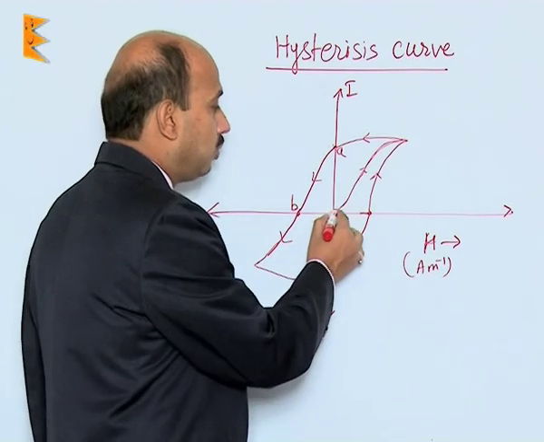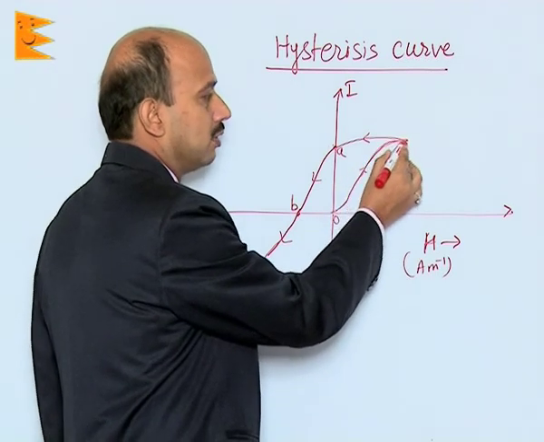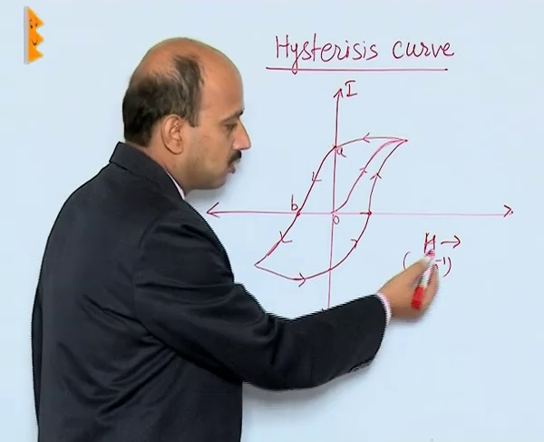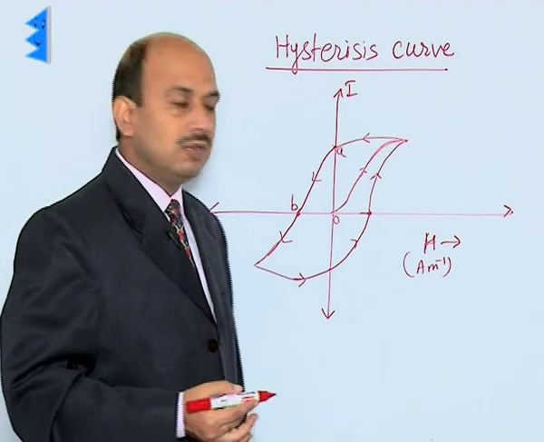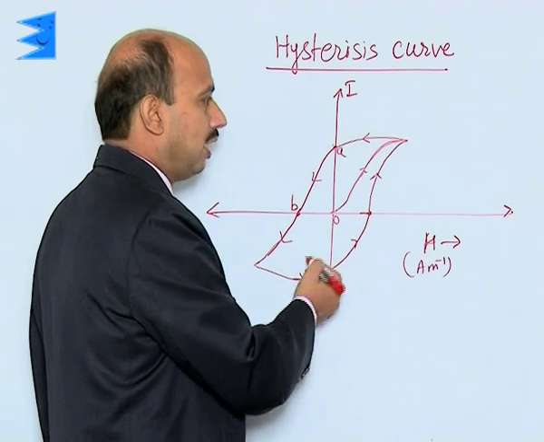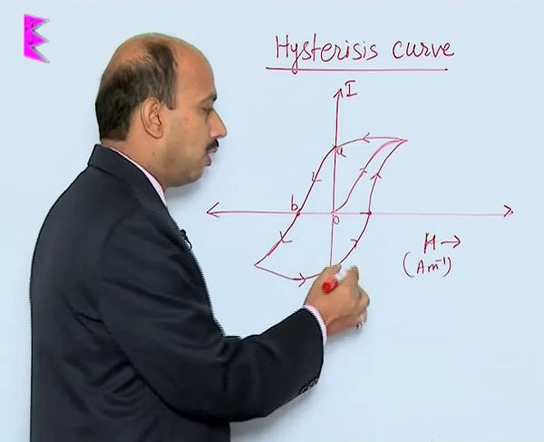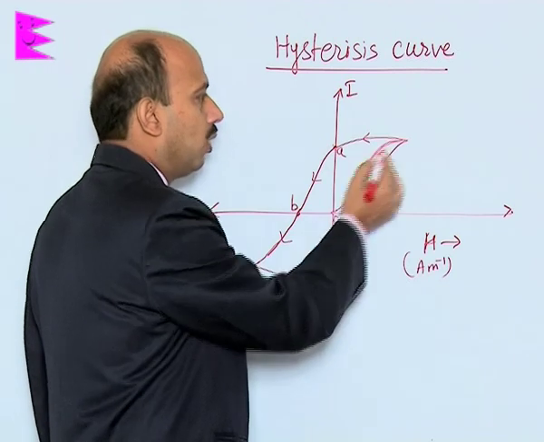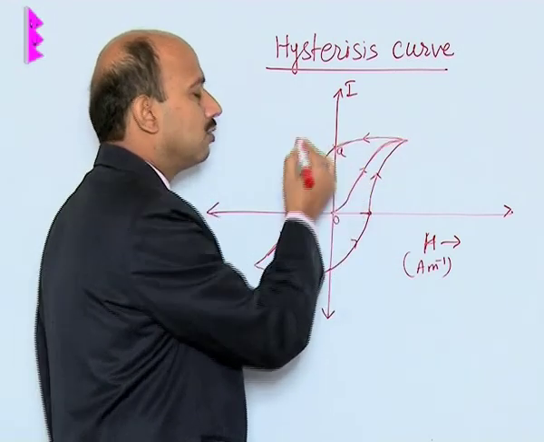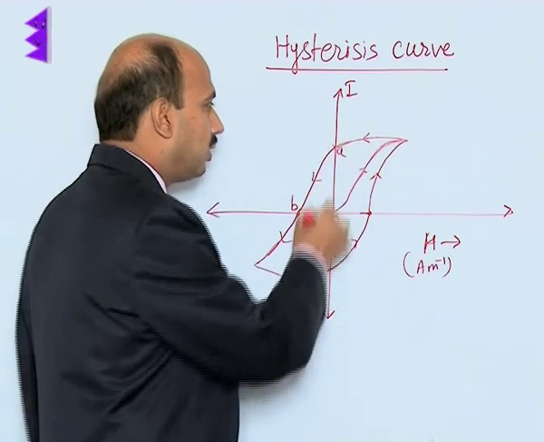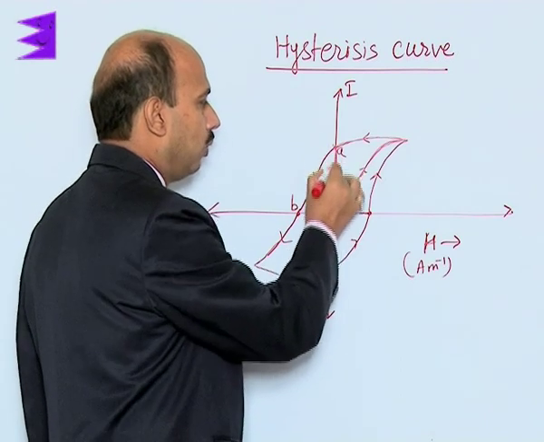When the saturated magnetic field is obtained, H is reduced. So now you start reducing H. When you reduce H, I also reduces, and when H is 0, the I in the material is not 0. It has this much value, equal to OA.